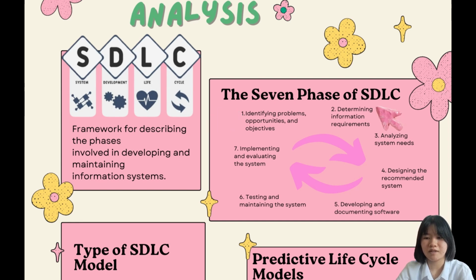The second phase of SDLC is determining information requirements, by using a variety of tools to understand how users interact in the work context with their current information system. The third phase of SDLC is analyzing system needs.